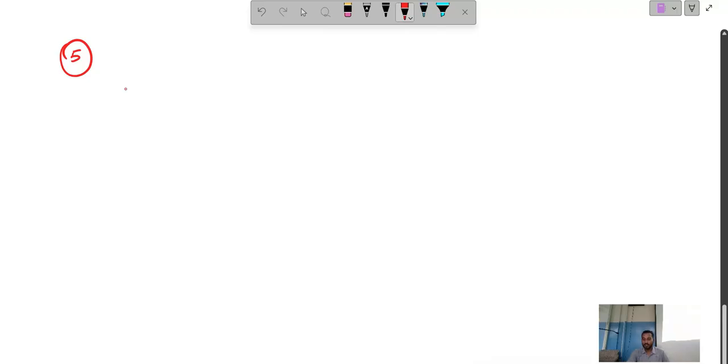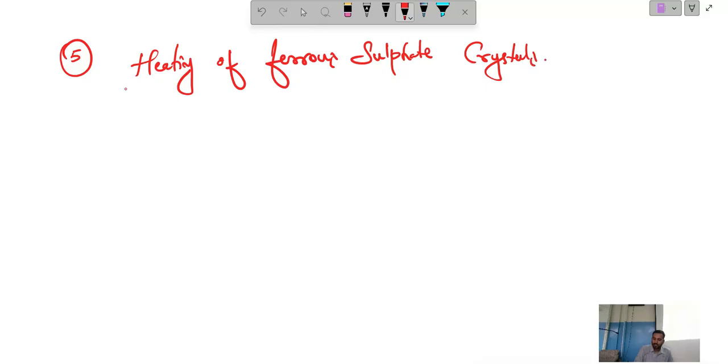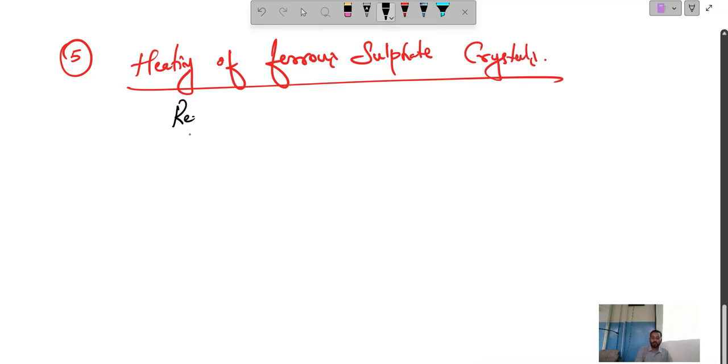Heating of ferrous sulfate crystals. On this topic, what are the possible questions? One is, they may ask you the reaction. It is very, very important, children.